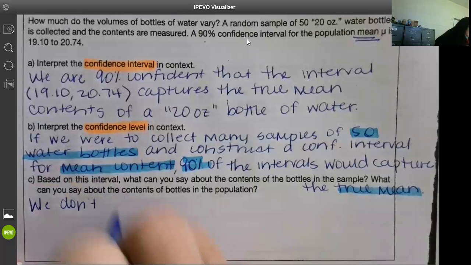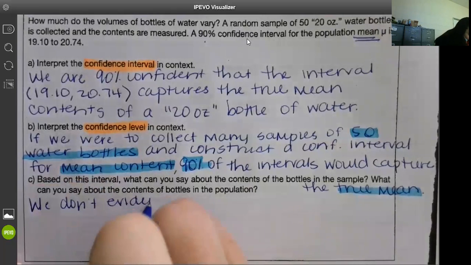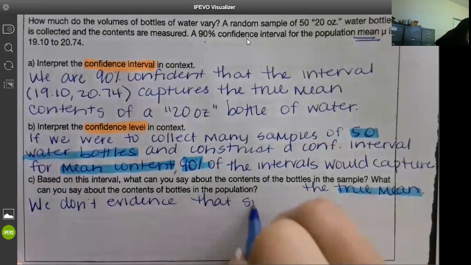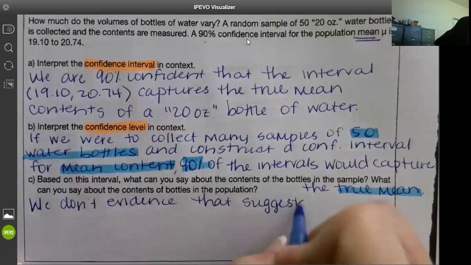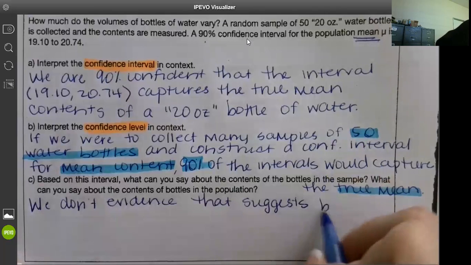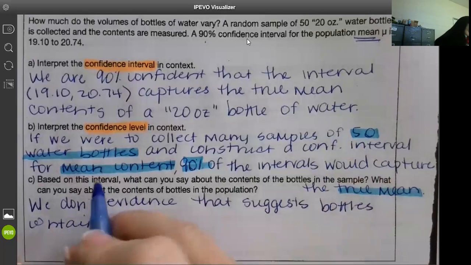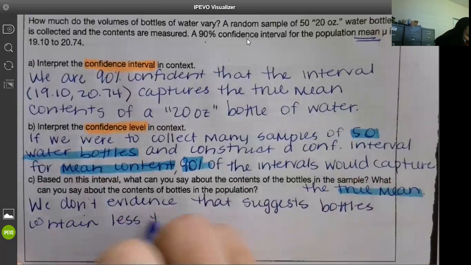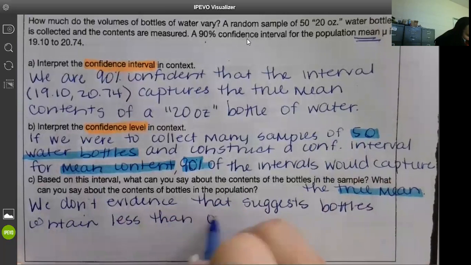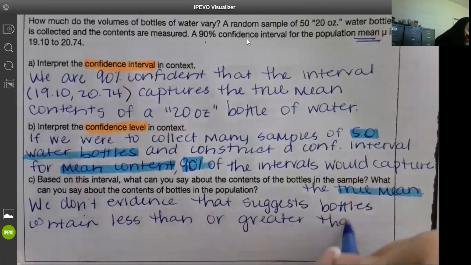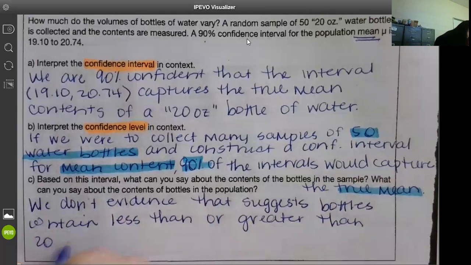We don't have evidence that suggests bottles contain less than or greater than 20 ounces on average.